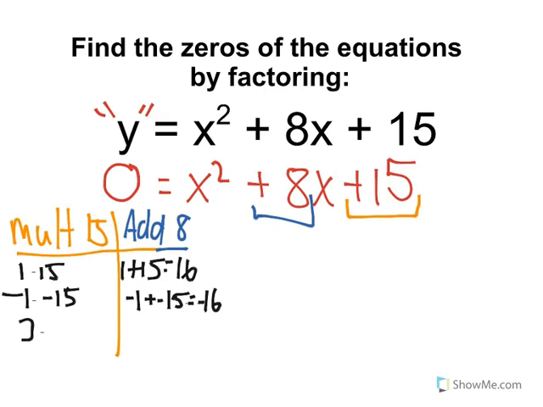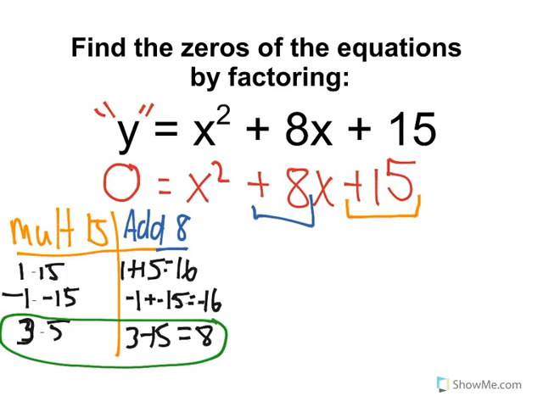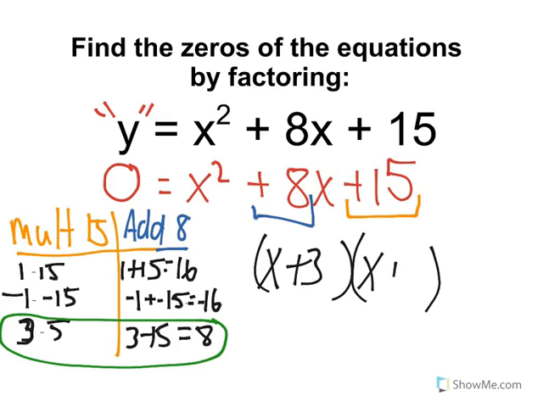I can do 3 times 5. When I add 3 plus 5, that equals 8. So that's what I want. So that means my numbers, we will set up x plus 3 and x plus 5 equals 0.